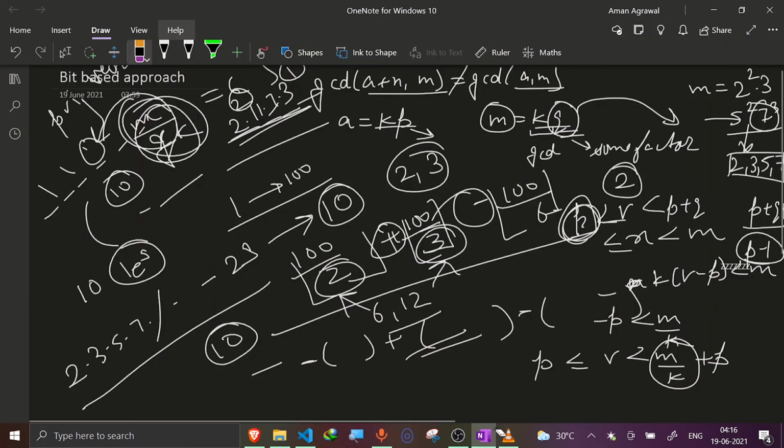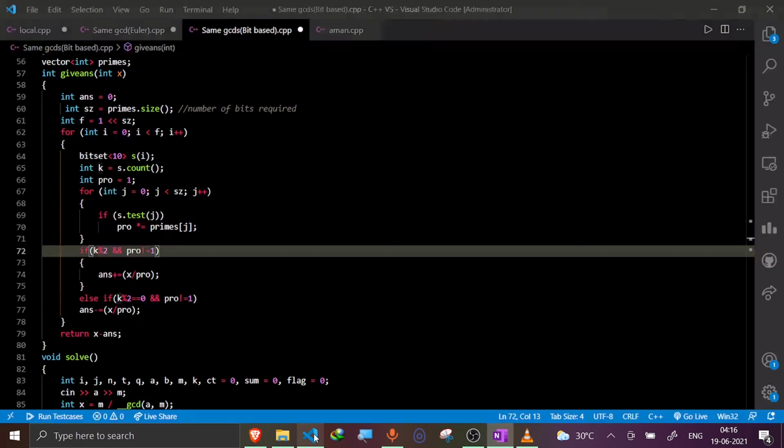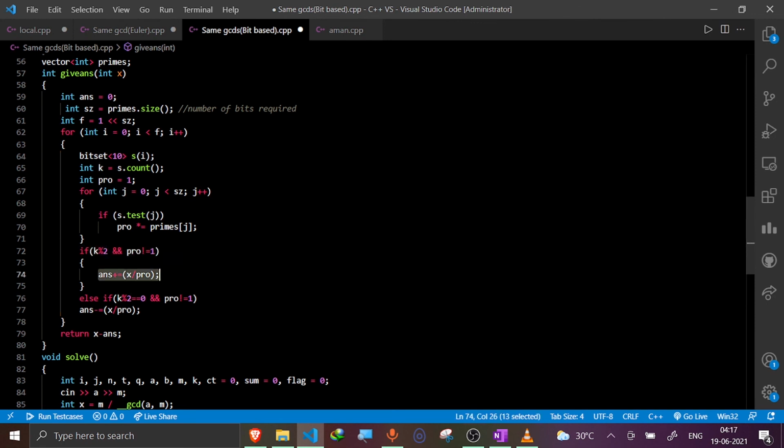Suppose that it was 100. So I did 100 by 2 plus 100 by 3 minus 100 by 2 into 3. Basically, for all the odd number of multiplications, I would be adding, and for all the even number of multiplications, I would be subtracting.